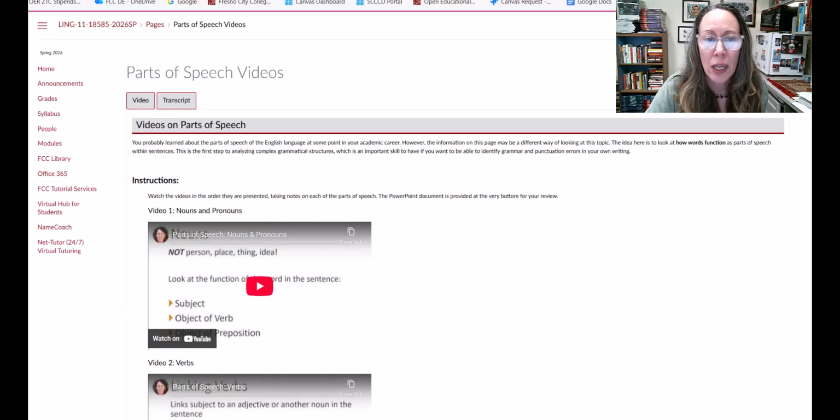The first one is parts of speech. Even if you feel like you know your parts of speech, this is looking at parts of speech from a little bit of a different point of view. Instead of thinking about the meanings of the words, this is really looking at the function of the words.